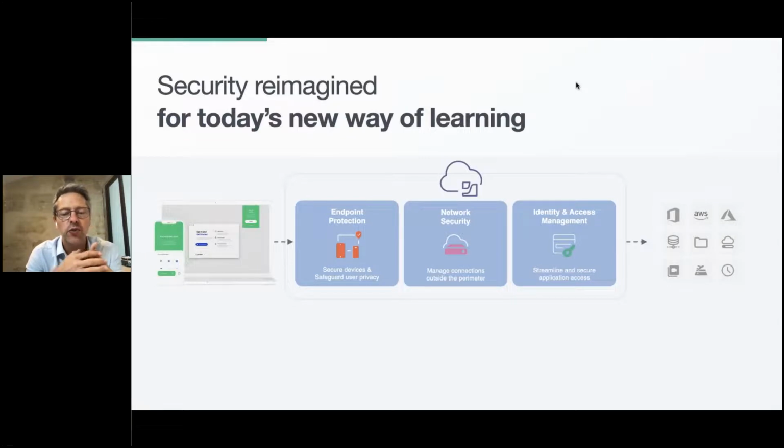But we also have to consider the security of the network, a network that is no longer fixed, but must follow the user without disrupting or slowing down their activity. Endpoint protection and network security must be closely coupled in order to effectively protect employees on the move. The third pillar is identity and access management, which I'll come back to in a moment, as this pillar becomes even more important when we talk about application security.